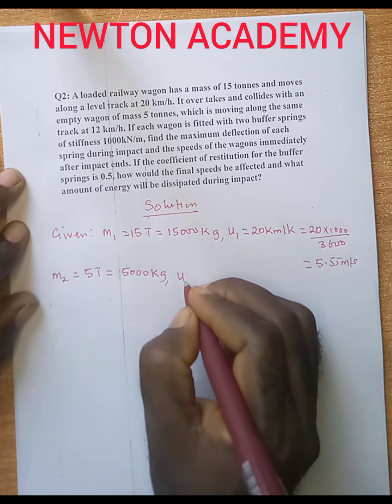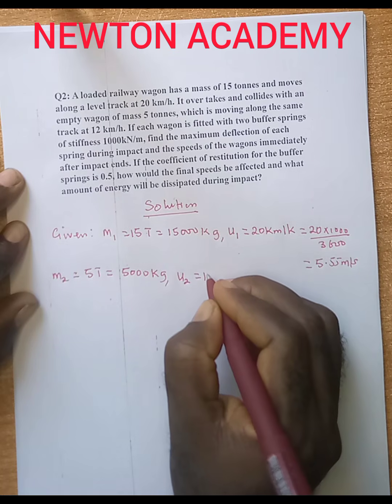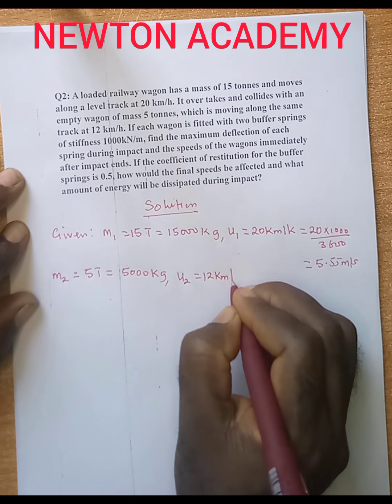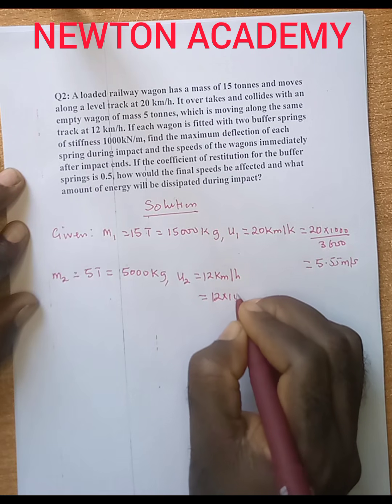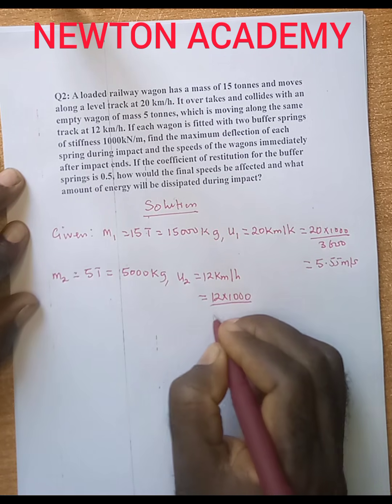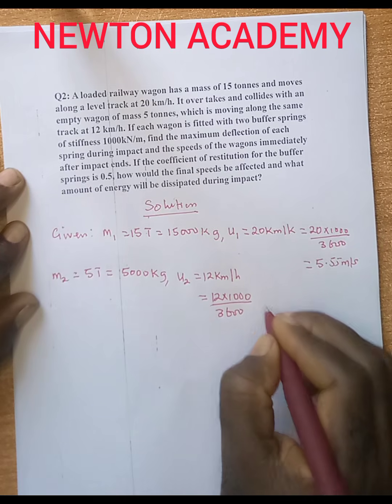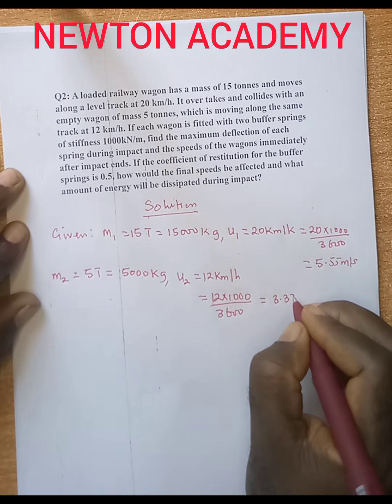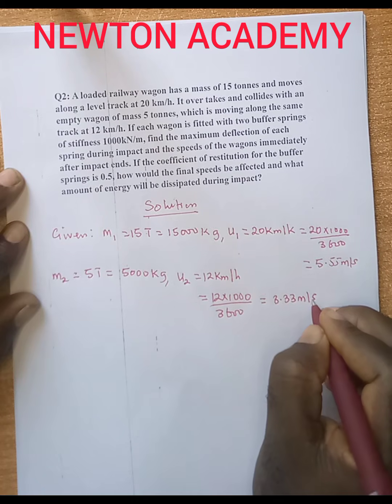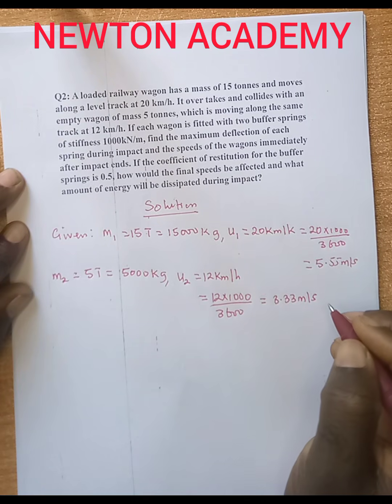Let's call this one U2, which is given as 12 kilometer per hour, which is equal to 12 multiply 1000 divide 3600, and this gives 3.33 meter per second.